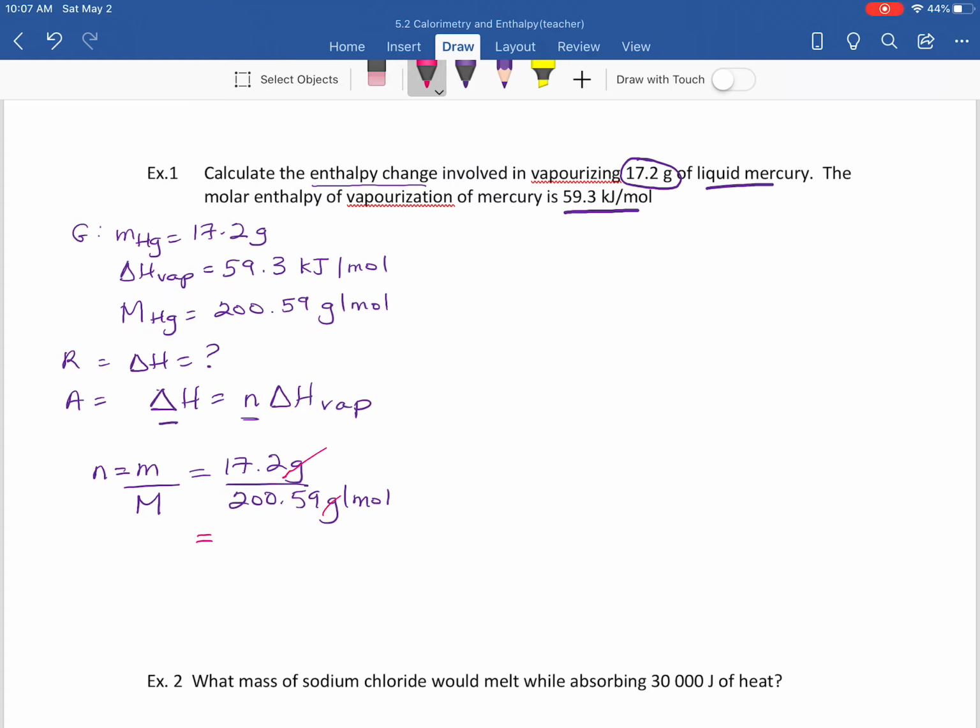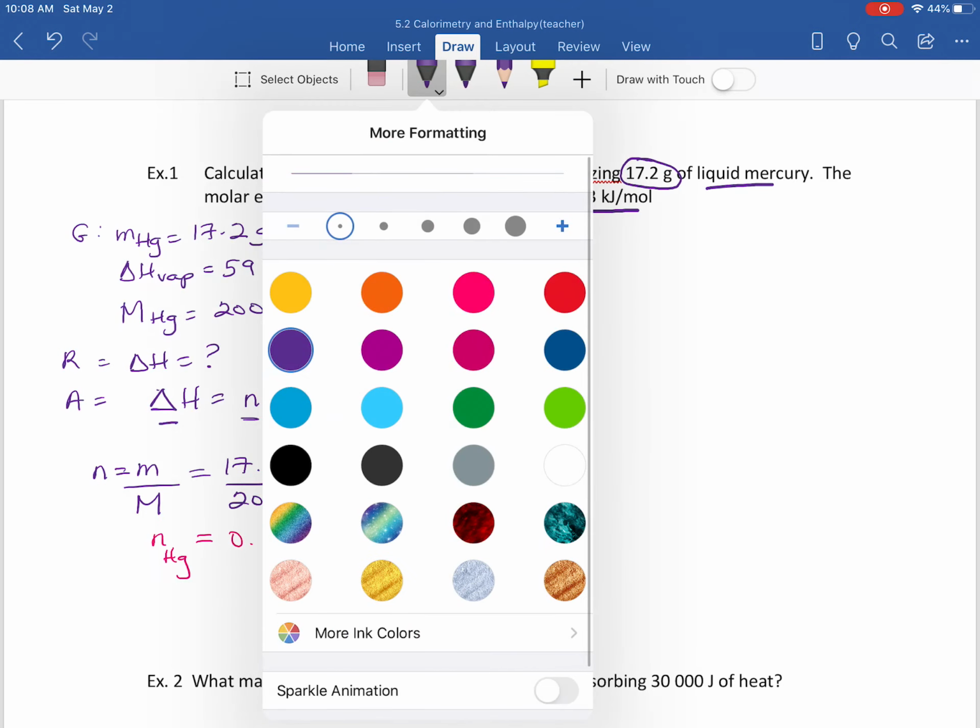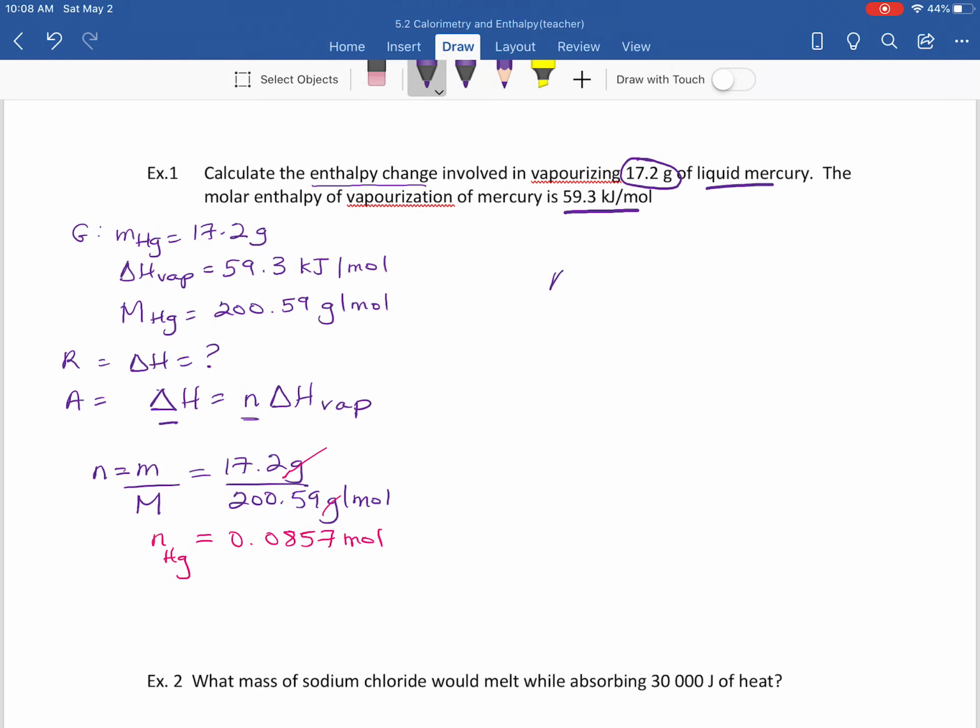And bam, so my number of moles of mercury is equivalent to, all right, so I've got my number of moles. So now it's just a matter of plugging it in.